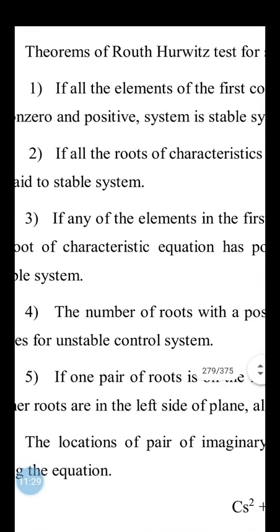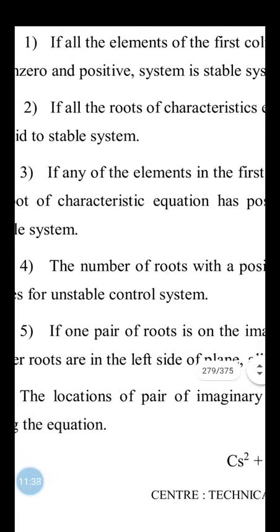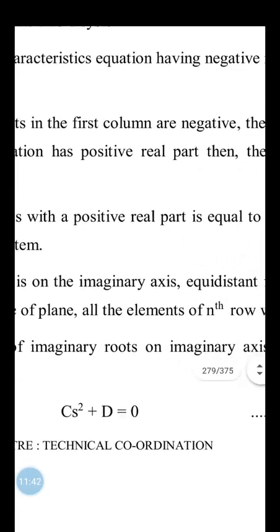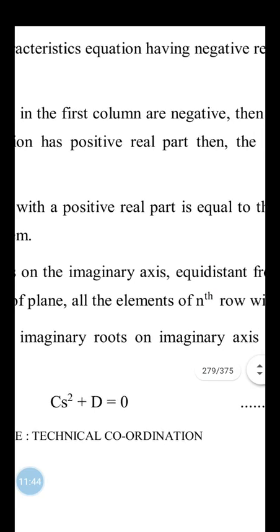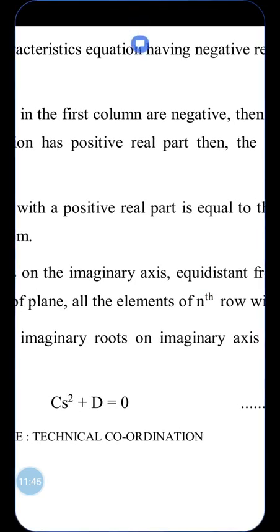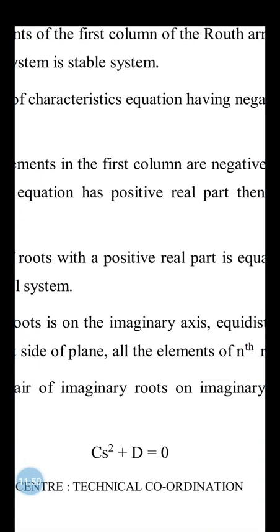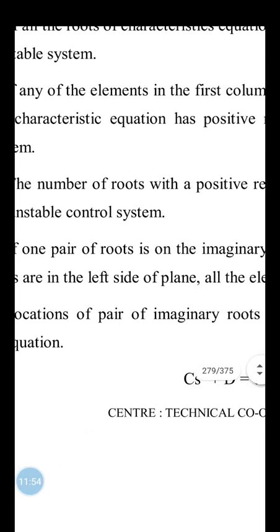If the roots of the characteristic equation have a negative real part, the system is stable. If any element of the first column is non-zero and negative, this indicates that a root of the characteristic equation has a positive real part and the system is unstable.